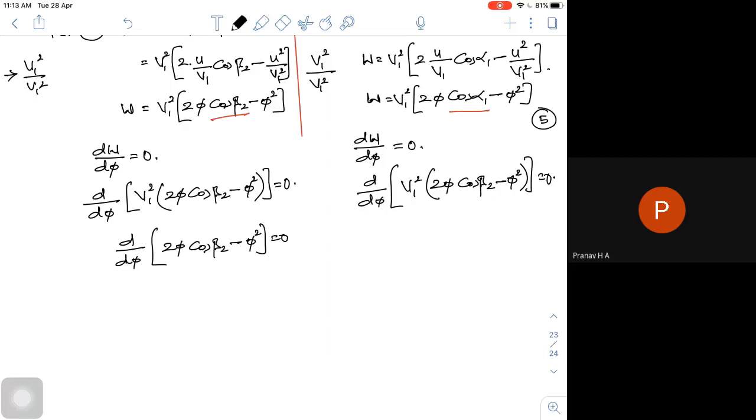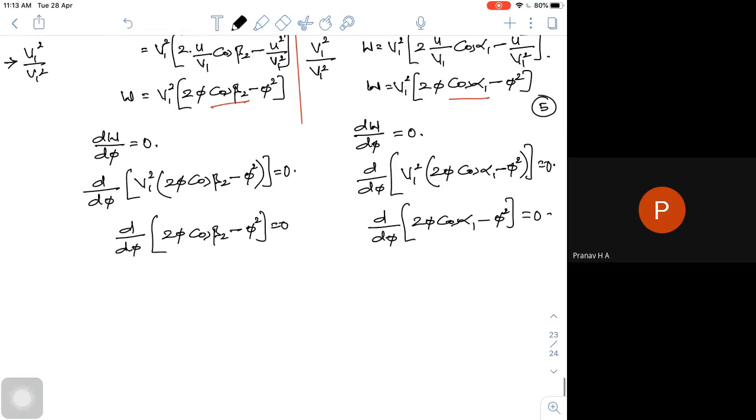Here also it is d by d phi of 2 phi cos alpha 1 minus phi square is equal to 0.